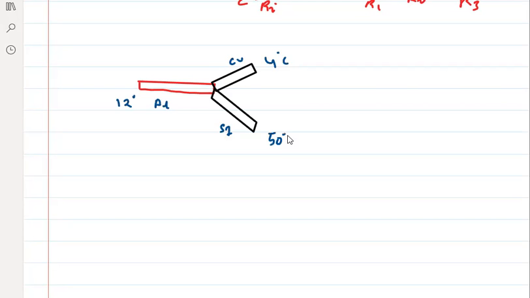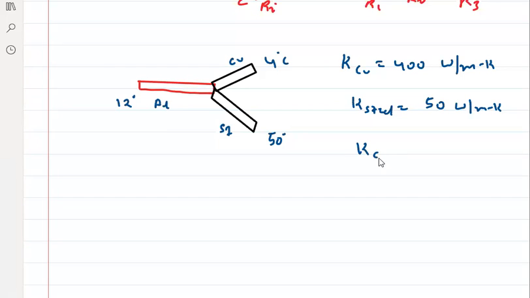K of copper is given as 400 watt per meter Kelvin, K of steel is 50 watt per meter Kelvin, and K of aluminium is 200 watt per meter Kelvin. Nothing else is given.